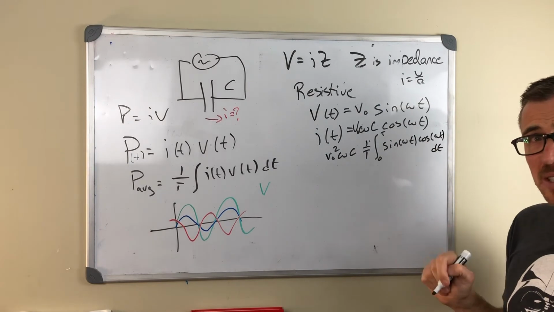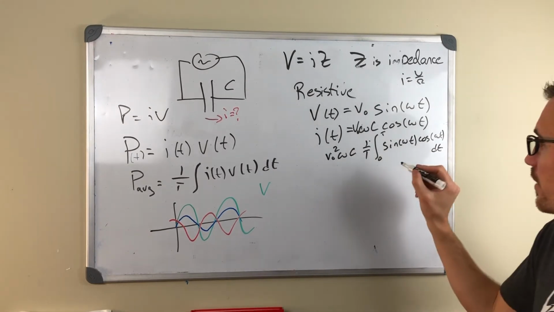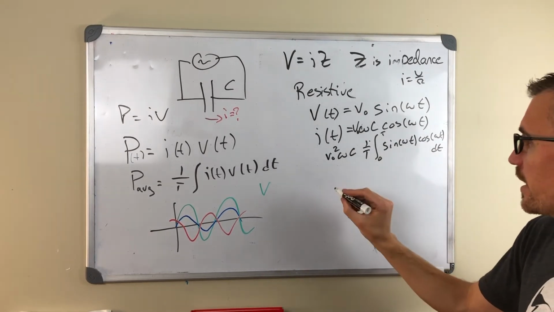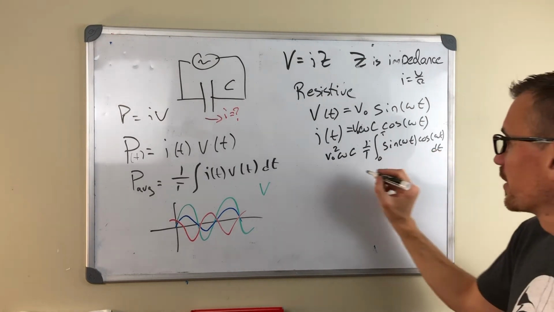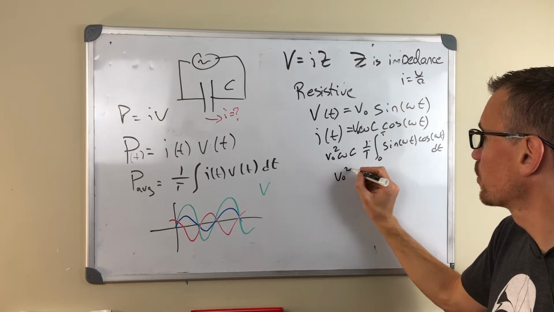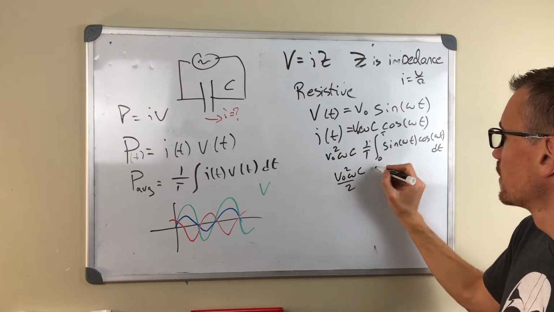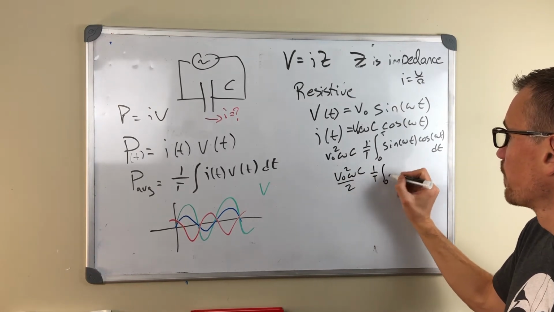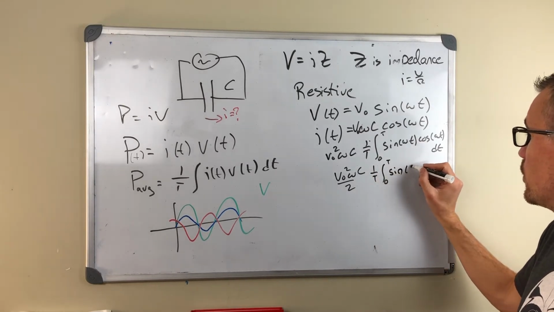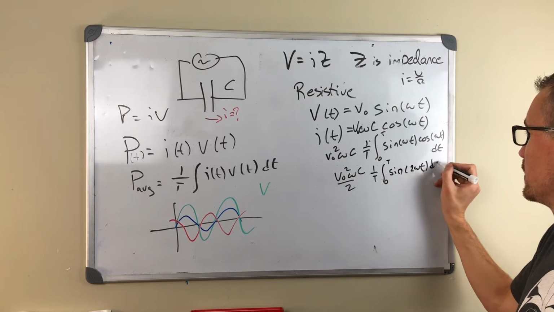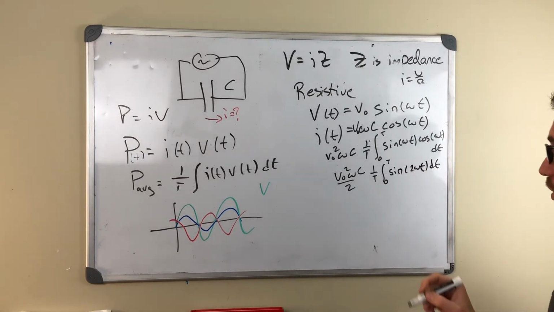This actually turns out to be 0. To see that, notice there's a trig identity that says this is equal to a half of sine 2 omega t. So this is equal to V naught squared omega C over 2 times the integral over a period of sine of 2 omega t dt. Easy enough integral to calculate.